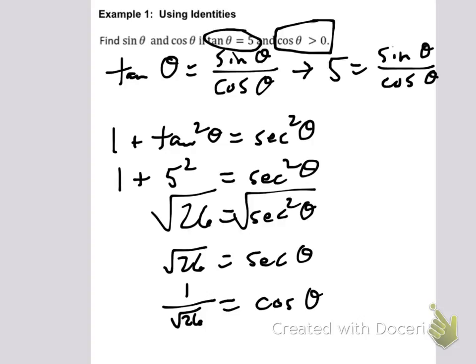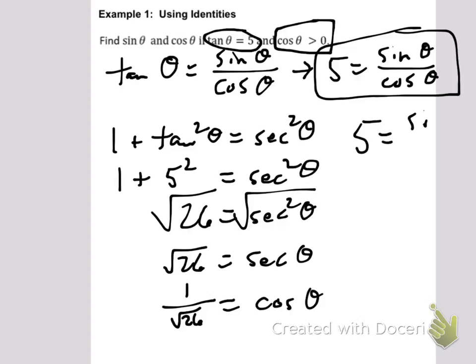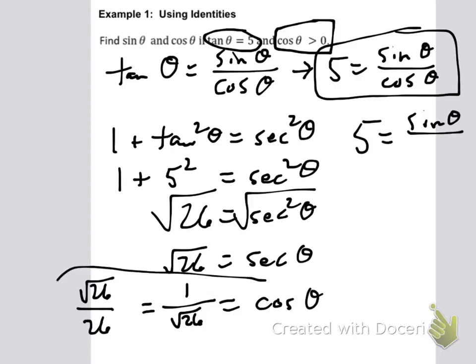So now I come back up to here. I have the cosine now. I have 5 equals sine theta over, and by the way, that turns into radical 26 over 26 for the record. So there's our first answer.